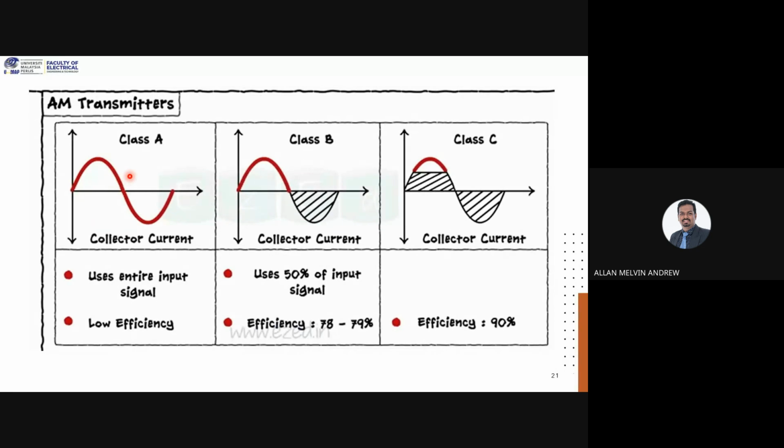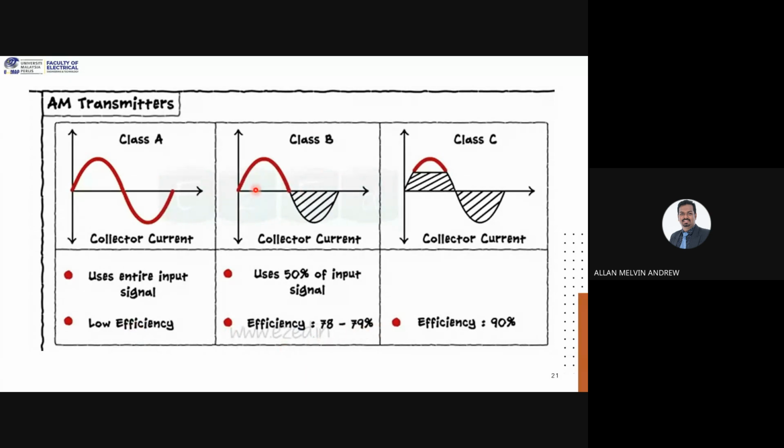Some can be noise. So when you are taking the entire signal, you are taking in the noise also, and you need a noise reduction system to remove the noise after that. So it makes class A transmitters low efficiency, usually less than 50 percent efficiency.